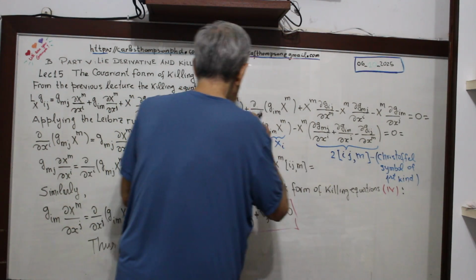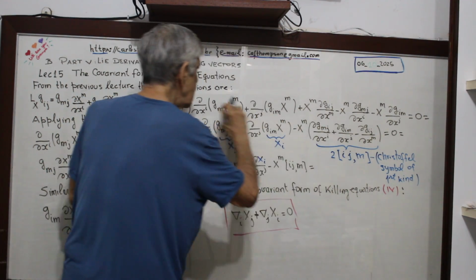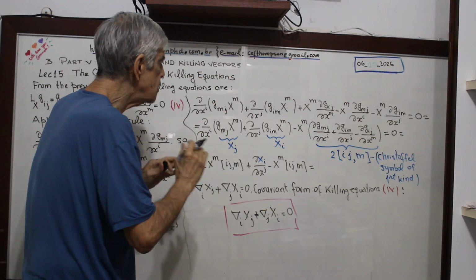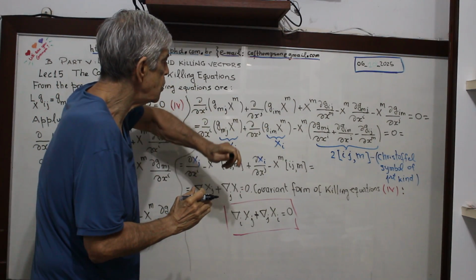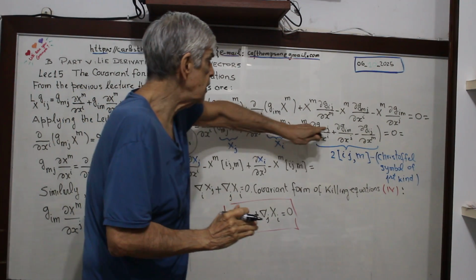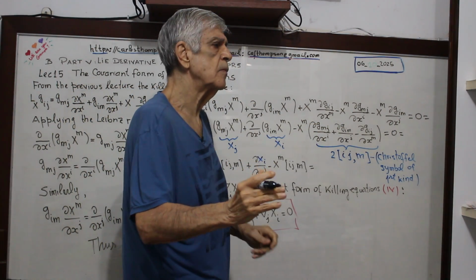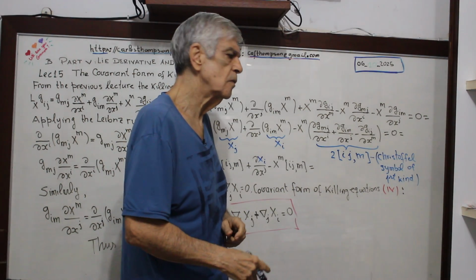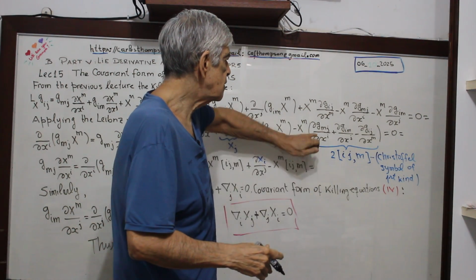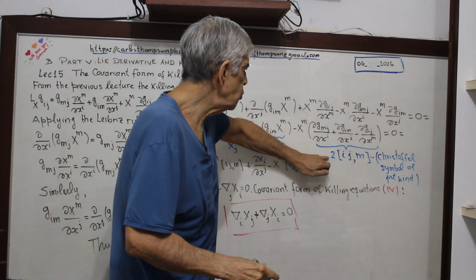You just look at here and look at there. It's quite simple. So you just copy from here to here. So this, as we derived in previous lectures, is exactly 2.